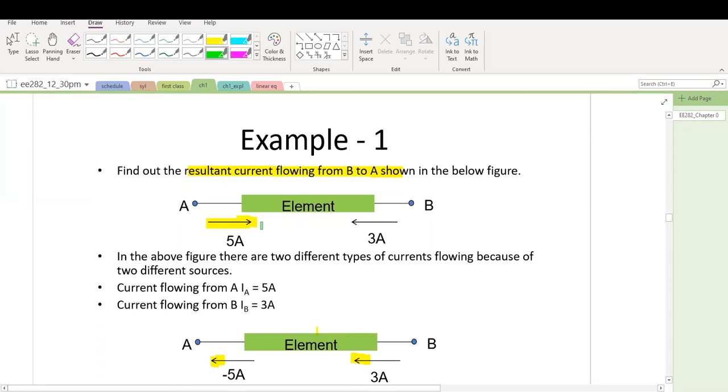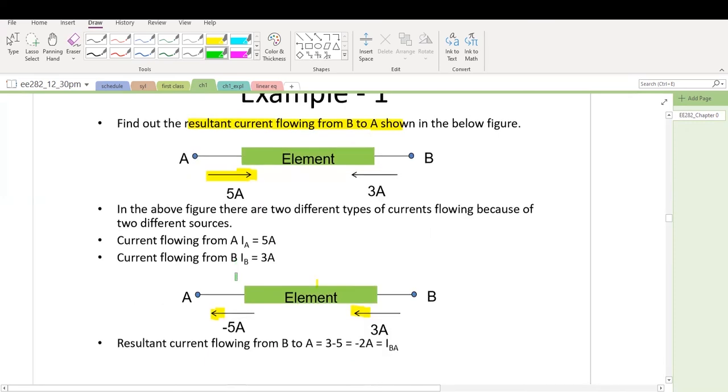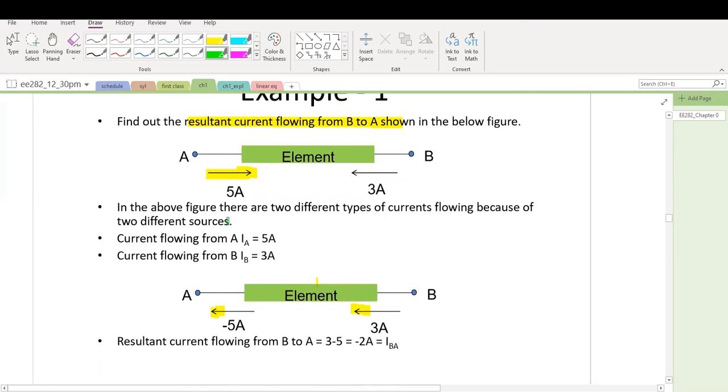When we operate on vectors, we prefer that the vectors are in the same direction. So we change the direction of this vector. If I change the direction here, 5A is equivalent to minus 5A if the direction of current is changed to the opposite direction. Now these two vectors are in the same direction.